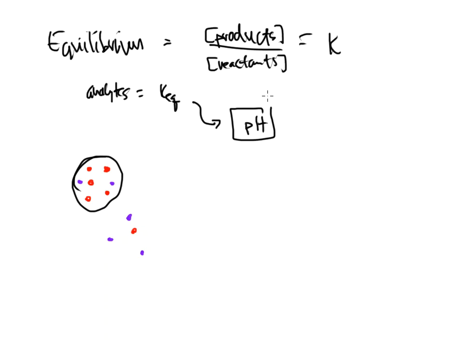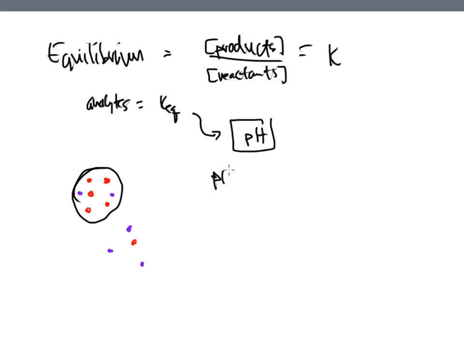Versus if you have a house that's pristine and clean and it smells good and the sheets are fresh, those in-laws are going to stay a little bit longer. So their KEQs are going to be affected. So this is why pH is often very important in chromatography, and it's not uncommon for you to read directions that say you want to check the pH of your mobile phases and you want to check the pH of your samples.